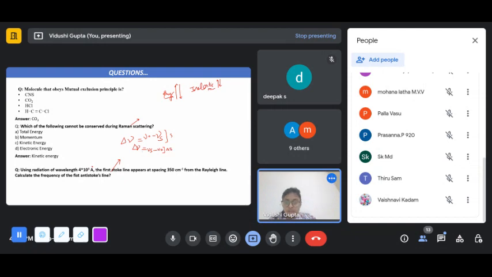So now you know this is the wavelength of the incident radiation, and this is the Raman shift value, that is 350. So what will be the frequency of the first anti-Stokes line?